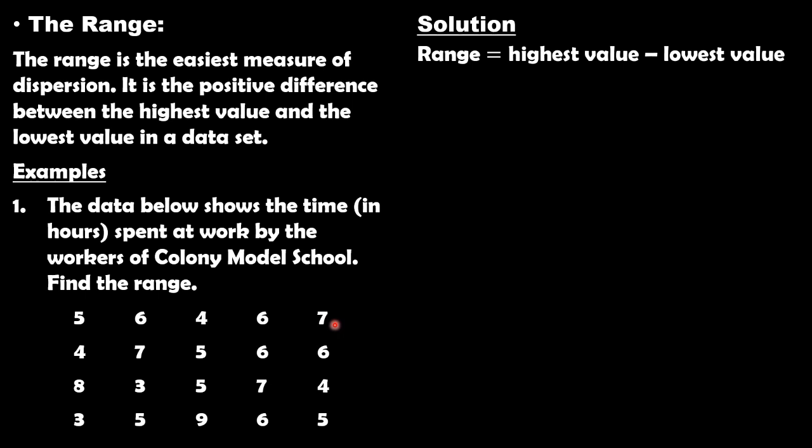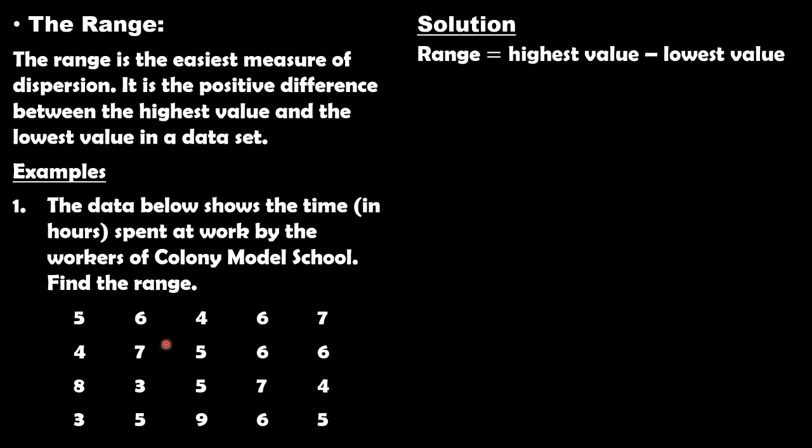Therefore, we can see that 9 is the highest value in this whole data set. Now, we need to get the lowest value too. To get the lowest value, we check through each column again. In the first column, 3 is the lowest value.